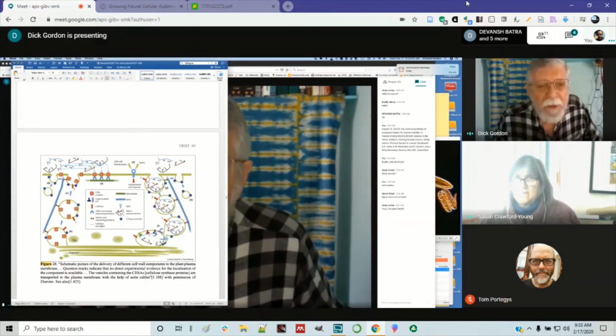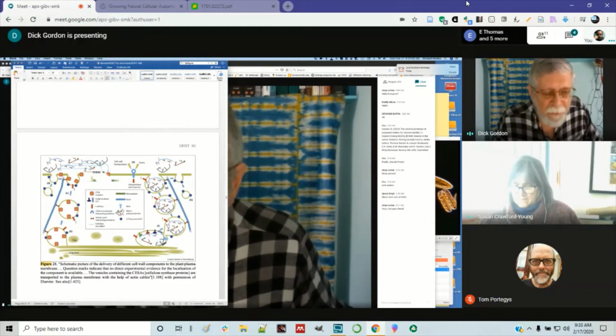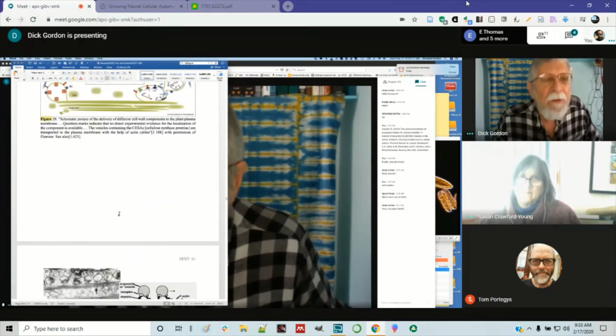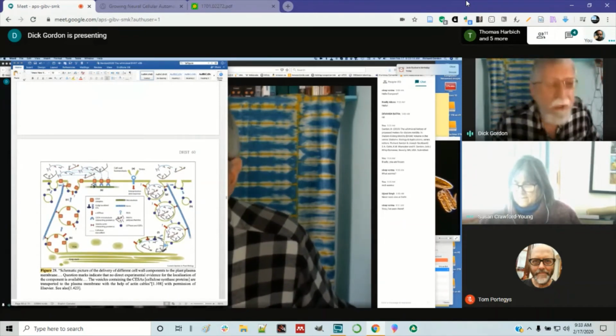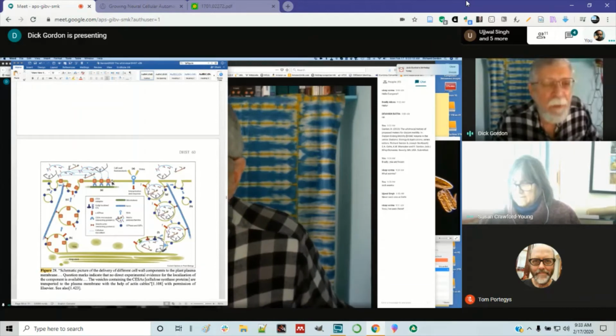Now, cellulose is secreted at the cell surface, by molecules that go into the cell membrane and then secrete these long chains of cellulose molecules.